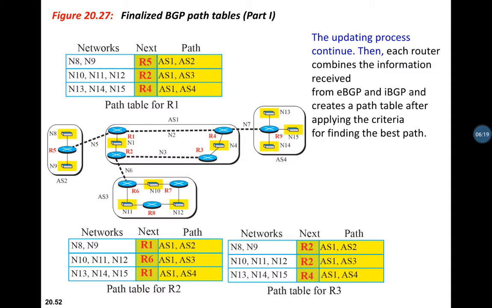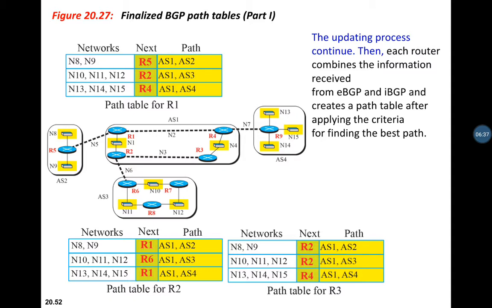This is what we saw, which connects AS1 and AS4 together. Similarly for R3, it is N8 and N9 by R2, N10, N11, N12 by R2, and N13, 14, 15 by R4.